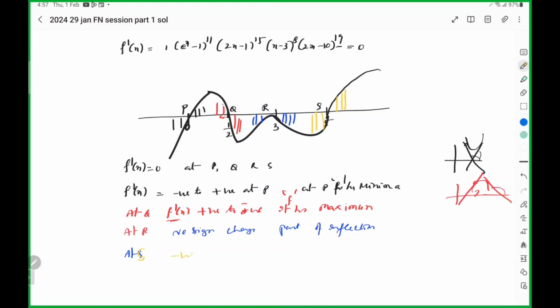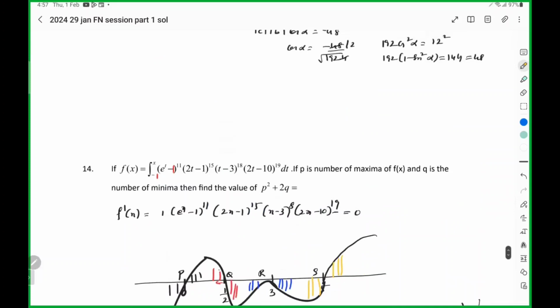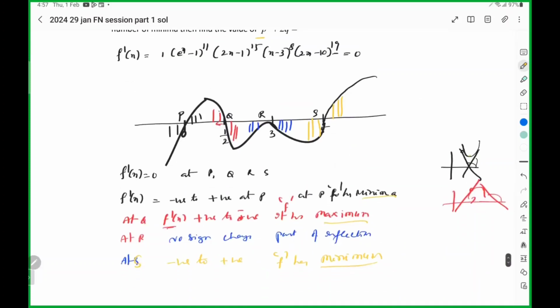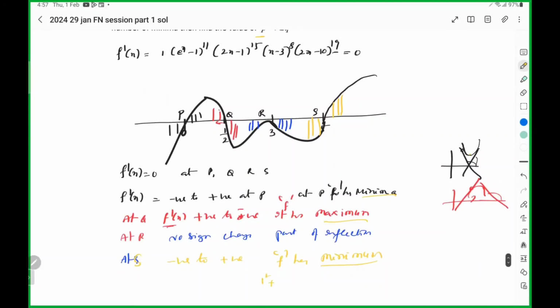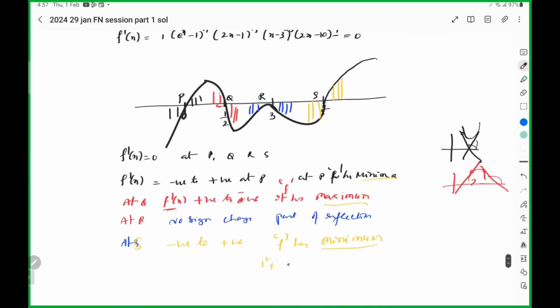At S, negative to positive. Negative to positive means minimum. So minimum at 2 points, maximum at 1 point. Here P is the number of maximas. Maximum is 1 and the minimas are 2. 2 times 2 you get.